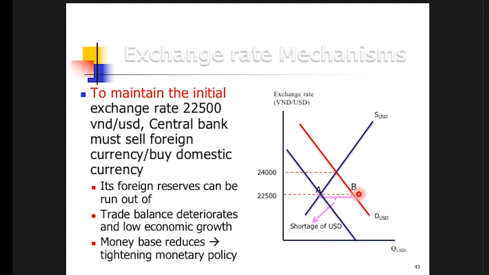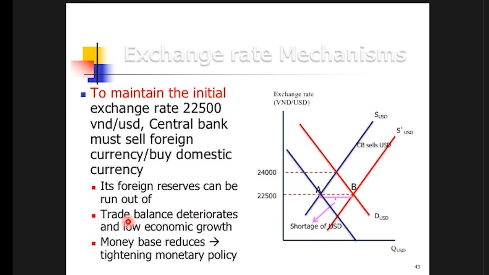The sale of US dollar increases the supply of US dollar. And finally, we have the equilibrium at B. So now at point B, we have maintained the initial exchange rate.